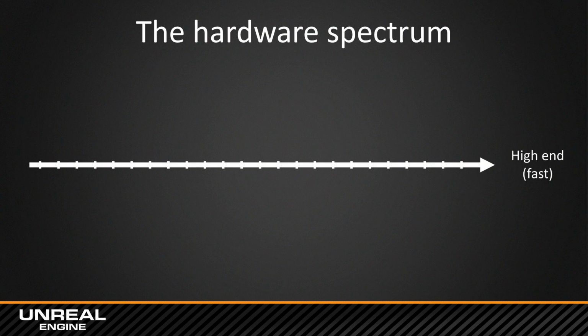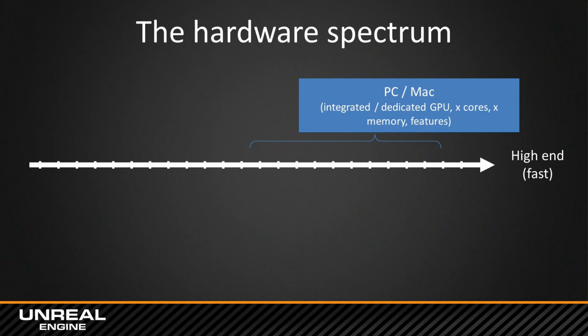So let me tell you about the hardware spectrum that we would like to address with the engine. This is a scale. On this line, you can see on the left side the very slow, low-end mobile devices or PCs, and on the right side, very high-end, very fast PCs.